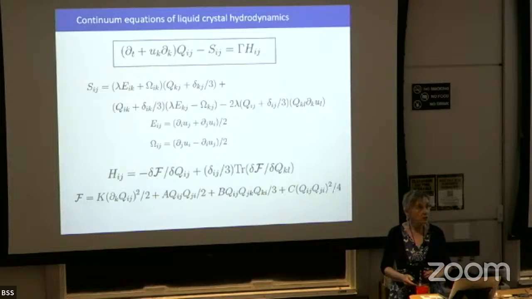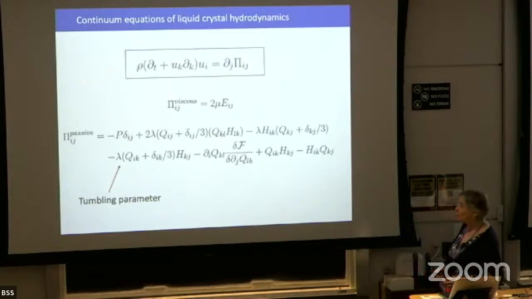I also need an equation for u, the velocity field. The way I've got it written there is just like Navier-Stokes. This side is the usual inertial term. This side is the derivative of the stress tensor.